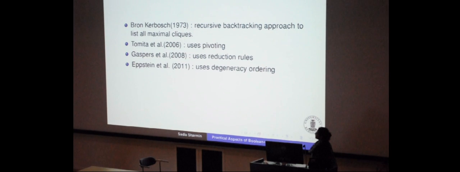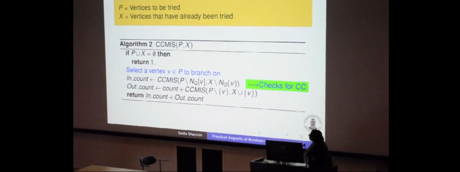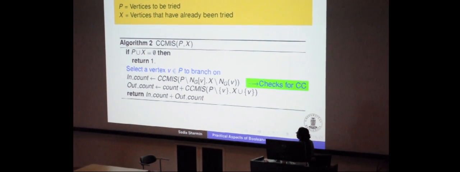So we implemented the previous algorithms and then ended up devising our own counting algorithm. So how does our algorithm look? The basic structure is the same as the recursive backtracking approach.